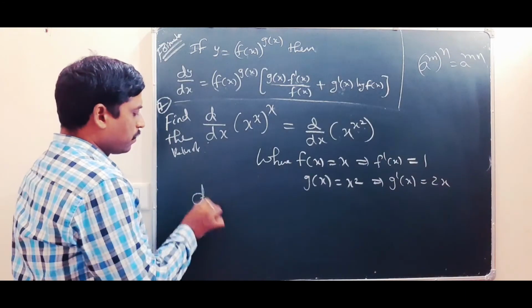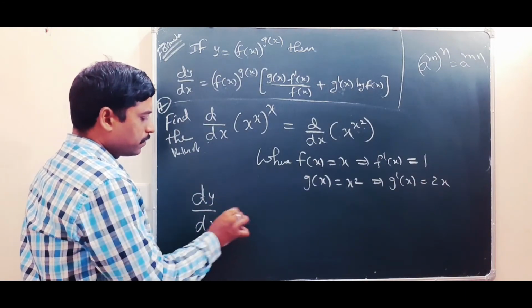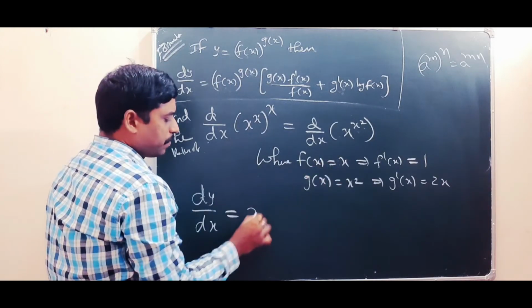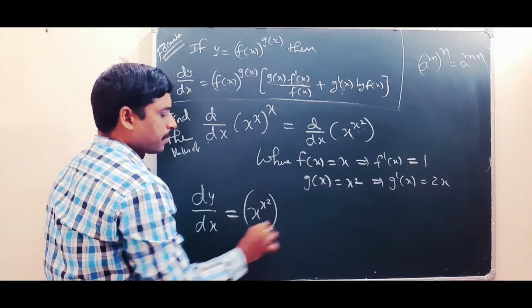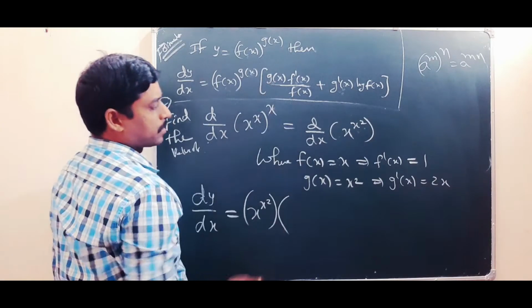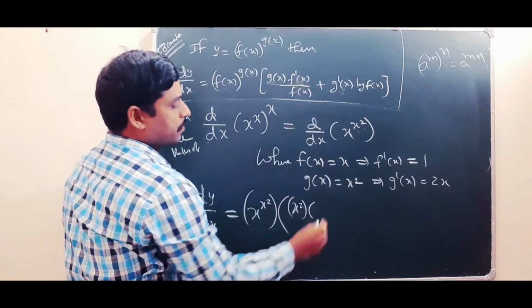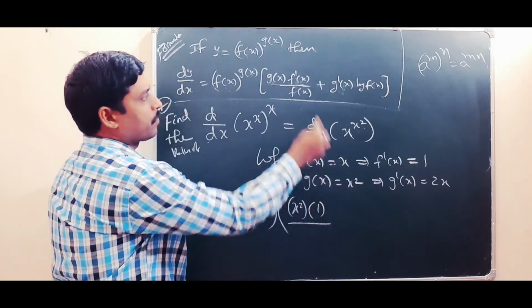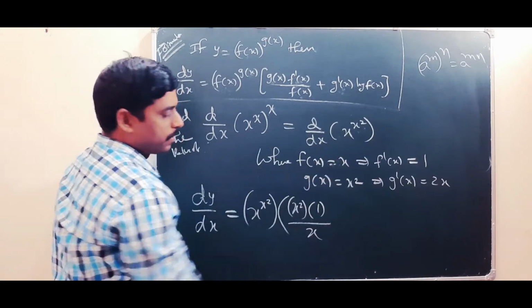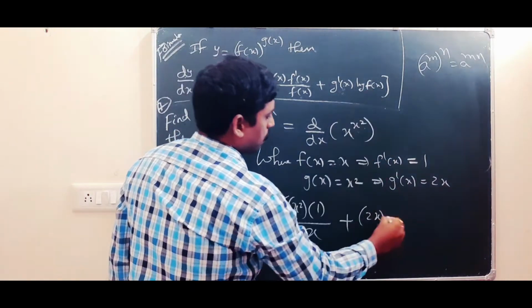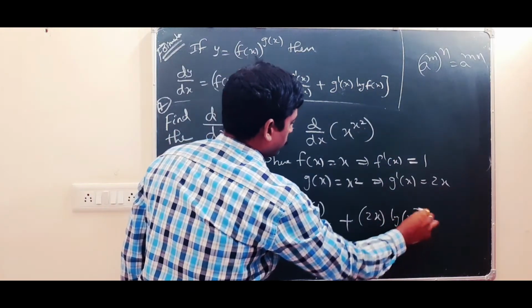Okay, what is the formula? dy by dx is equal to f of x power g of x. So x to the power x square into g of x, where g of x value is x square, into f dash x value 1 by f of x value x, plus g dash x value 2x into log of x.